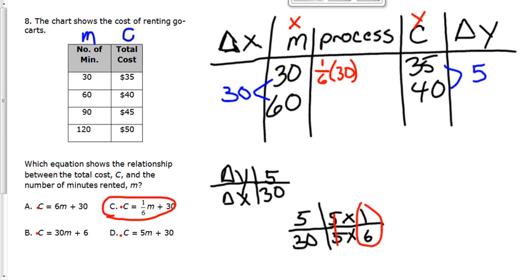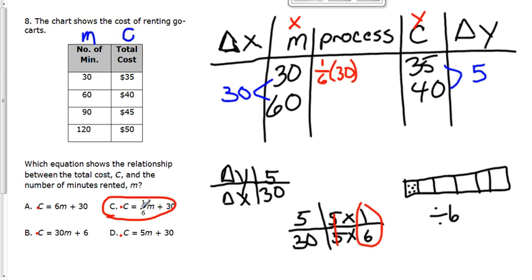Now, let me explain to you what 1/6 looks like. If we looked at a fraction bar, this is the whole bar. What does 1/6 mean? 1/6 means 1 part out of 6. That's like taking the bar and cutting it down into 6 equal pieces. If I'm cutting the bar down into 6 equal pieces, that's the same thing as dividing it by 6.